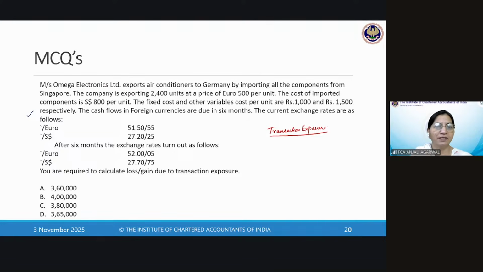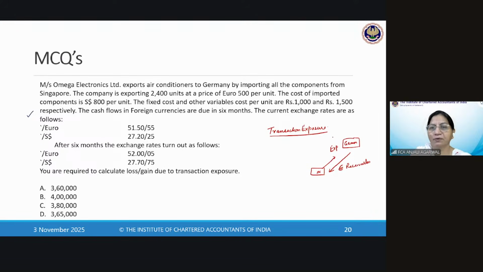So Messrs. Amica Electronics Limited exports air conditioners to Germany. So export is, you are in India, let's say, and export is going to Germany. So you are going to get euros inflow, receivables.